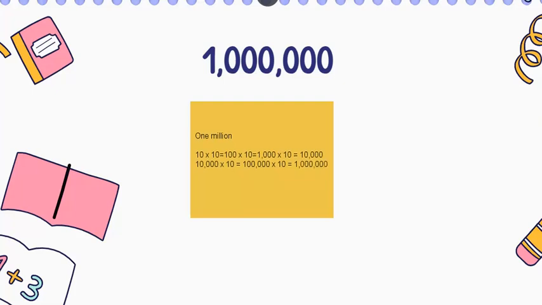You can also see this represented as 10 times 10 times 10 times 10 times 10 times 10. And this is just another way to say 1 million.